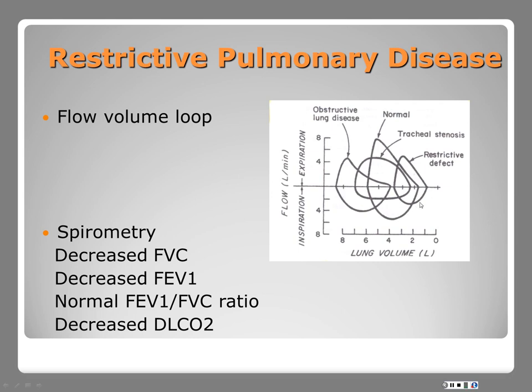Overall smaller volumes, overall lung volume smaller, everything smaller. But there's no obstruction to expiratory flow here. So we have a decreased FVC, decreased FEV1, but a normal FEV1 over FVC ratio, and you can have a decreased diffusion capacity for CO2.